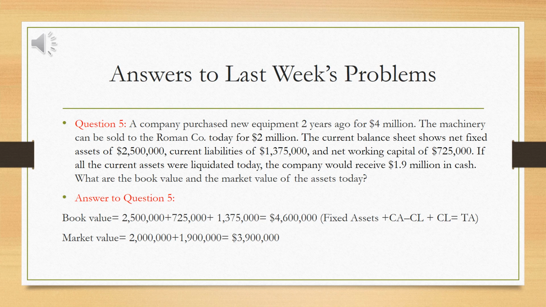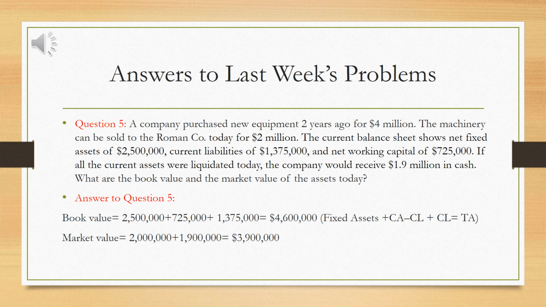Book value is the balance sheet value. Thus, total assets equals 2,500,000 plus 725,000 plus 1,375,000.